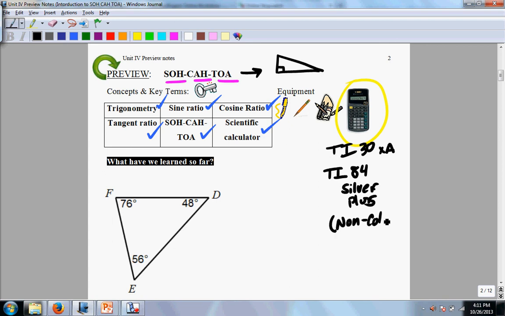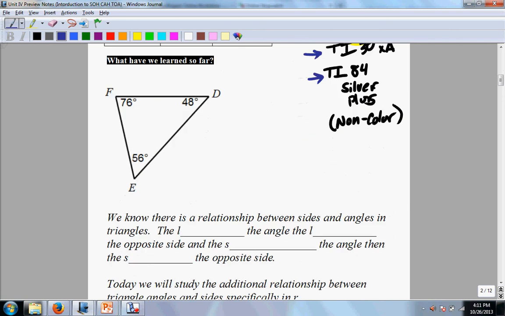Do not get a color calculator. You must have that for this section, one or the other. A TI-30XA or a TI-84, Silver Plus recommended if you want. That's good for the rest of your years at Valley.